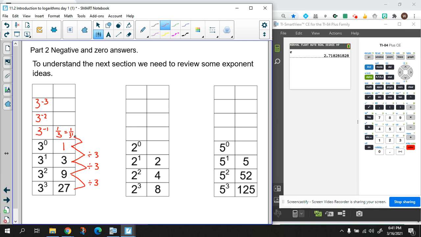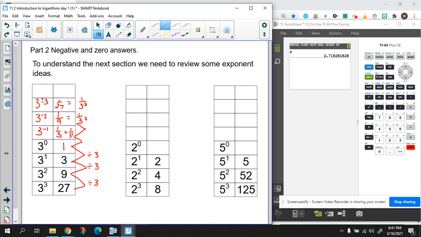If you do 1/3 divided by 3, you get 1/9 or 1 over 3 squared. One more time, if I do 1/9 divided by 3, I get 1 over 27, which could also be written as 1 over 3 to the third power.